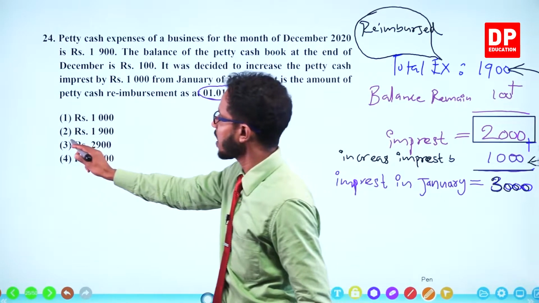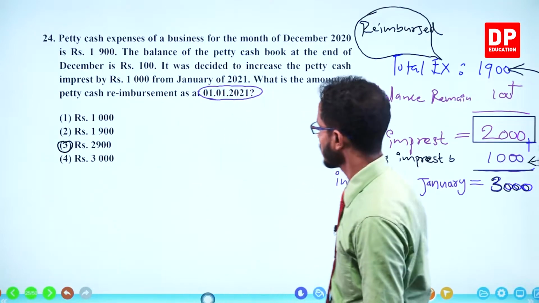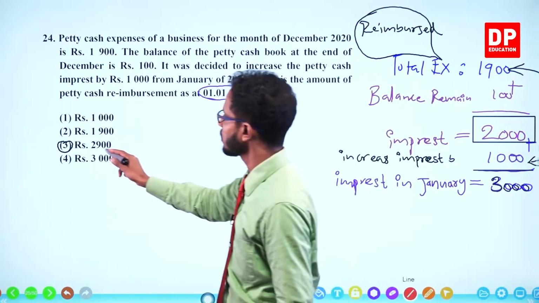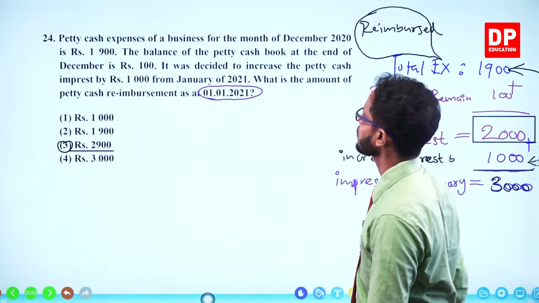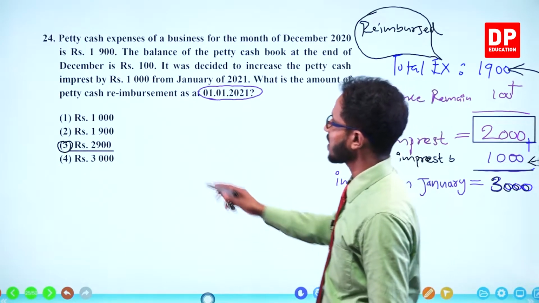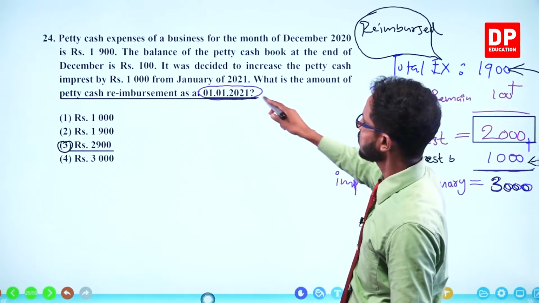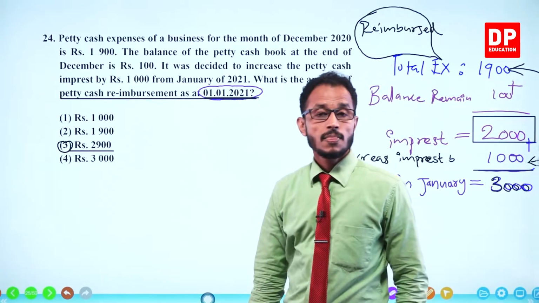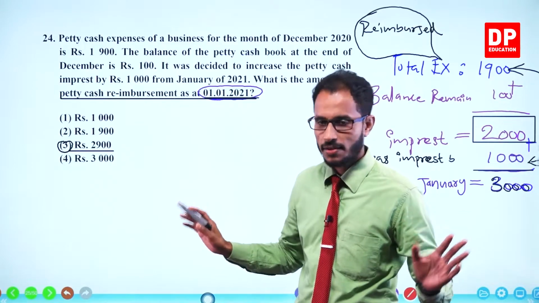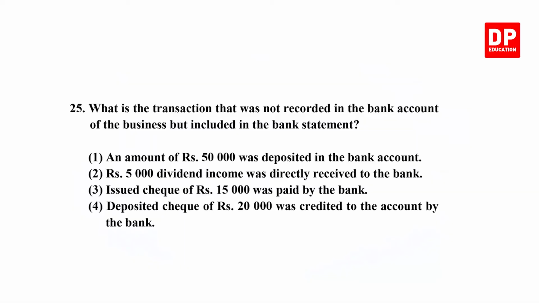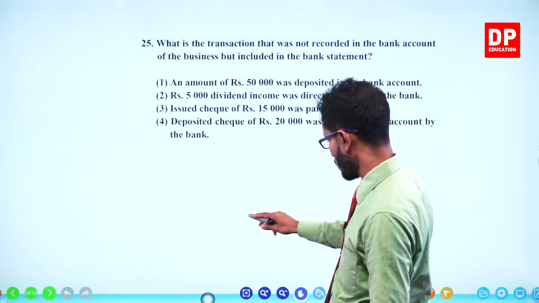It's right here. The petty cash reimbursement in the beginning of January. Done. 24th. Then we have 25th.